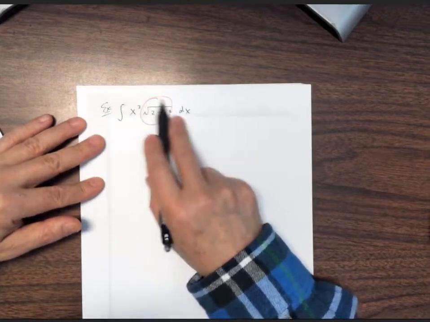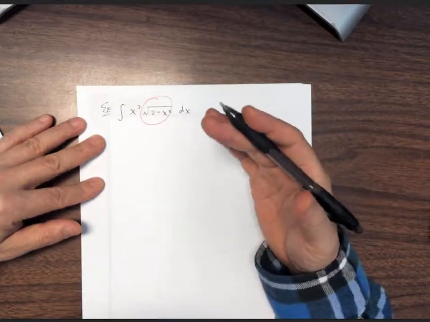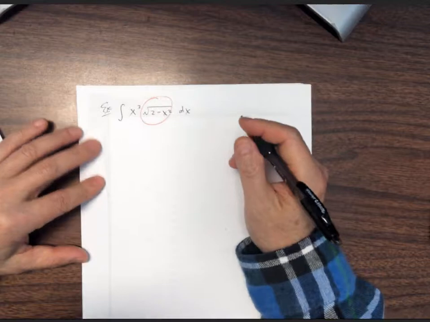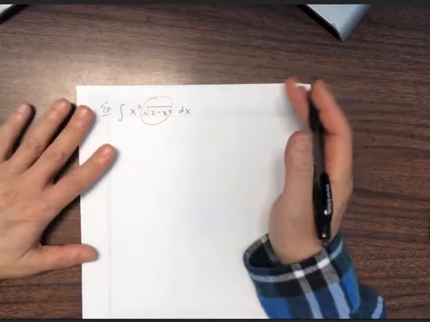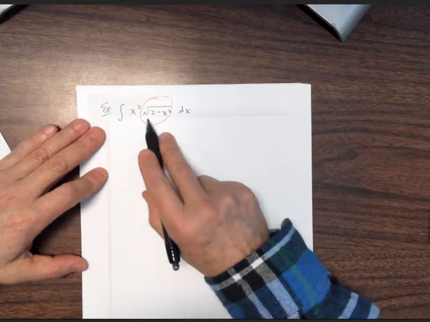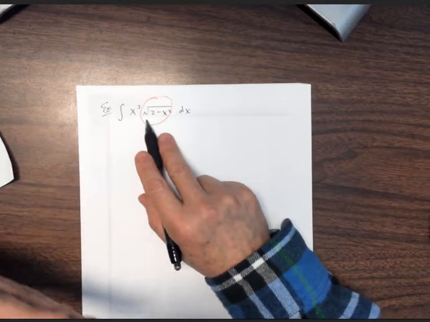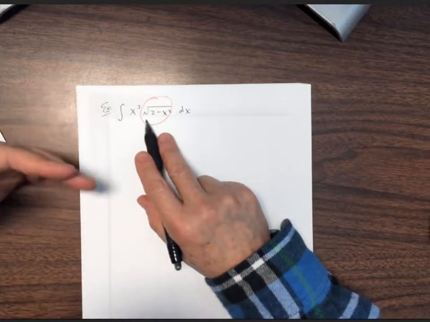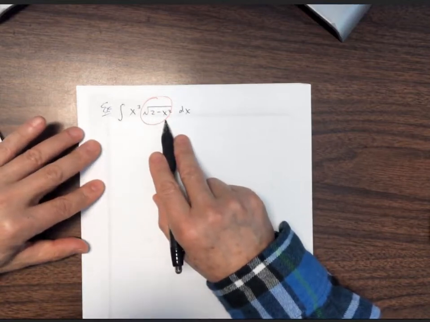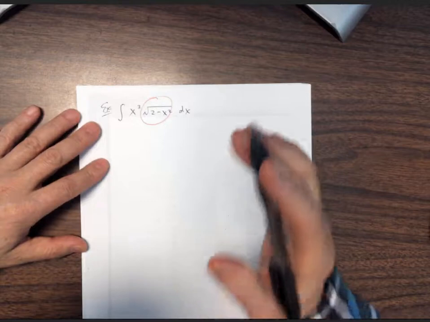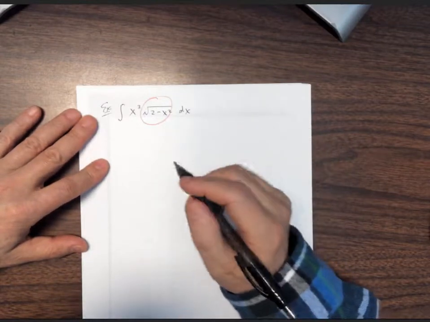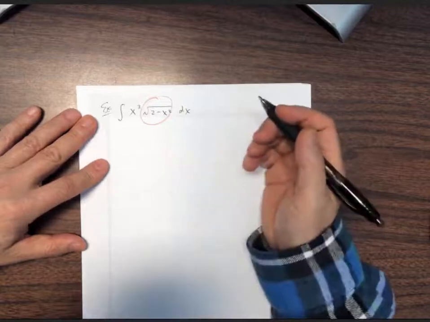This way, this radical expression will become simply square root of u, a simple power, maybe we integrate. Alright. Well, the problem is the natural substitution will be u equal to 2 minus x squared. It doesn't seem to be correct though.